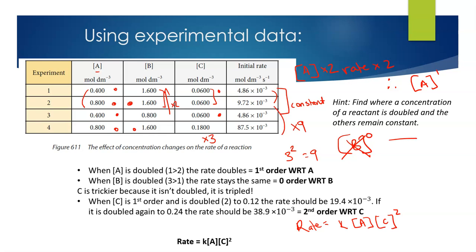So for this, we have a reaction that is first order with respect to A, zero order with respect to B, second order with respect to C, and the overall order of the reaction is going to be third order, because we're going to add 2 and 1. So the overall order of reaction is a third order reaction.